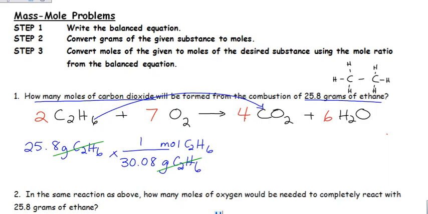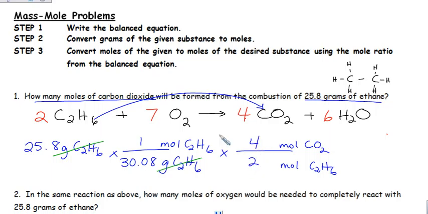Now that I'm at moles, I can switch to whatever I want. I'm at moles of ethane. I want to cancel moles of ethane. We need moles of carbon dioxide. Enter in the ratio from the balanced equation. 4 to 2.